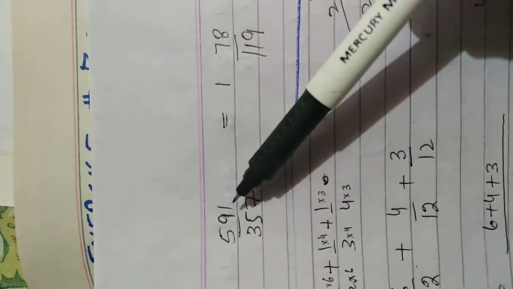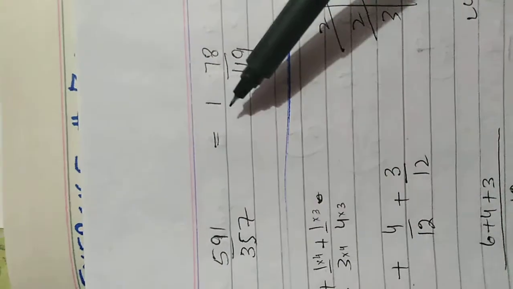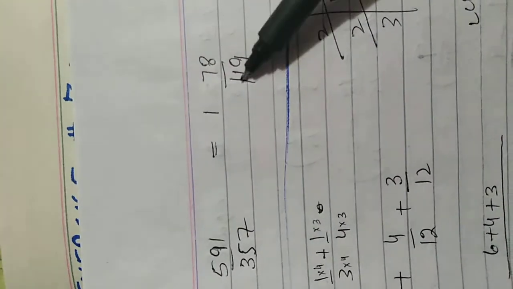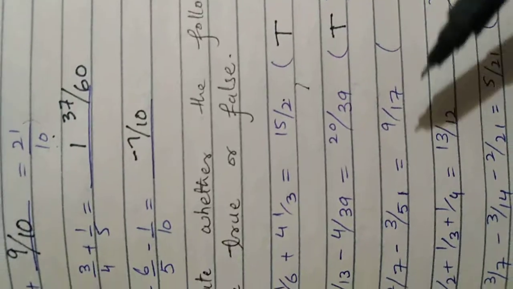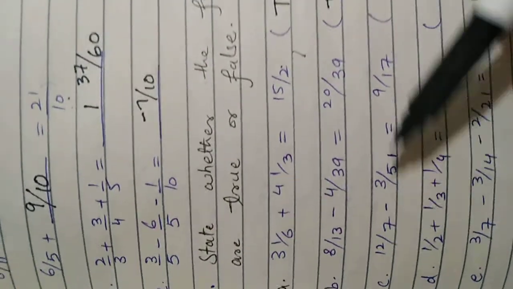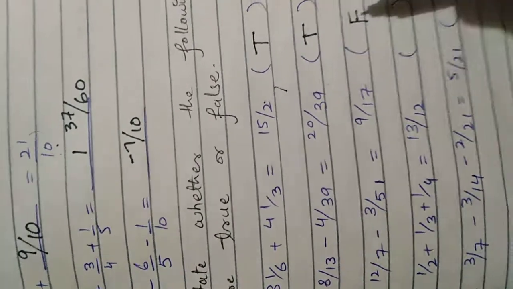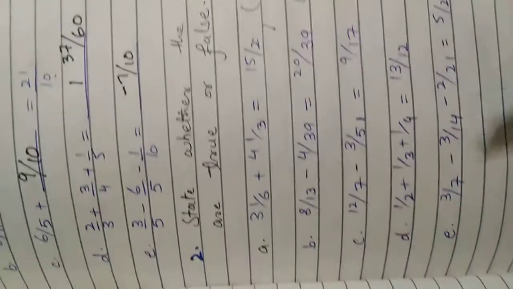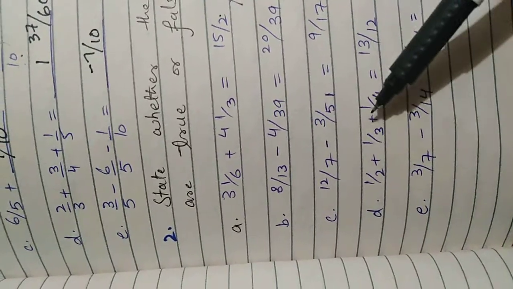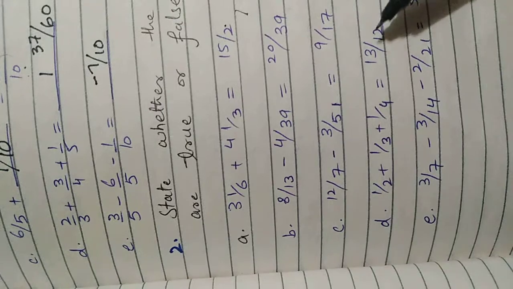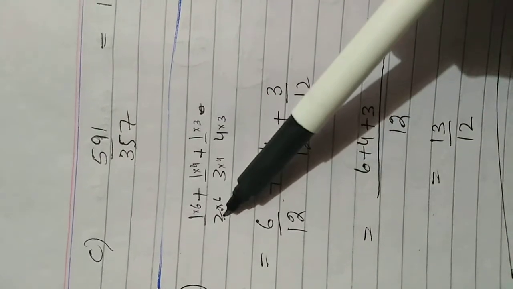Write their denominator one time and subtract numerators. 612 minus 21. We get 591 over 357. It is an improper fraction, so we divide and get a mixed fraction. So the answer is 1 whole 78 over 119. Here the difference is 9 over 17. That is false.